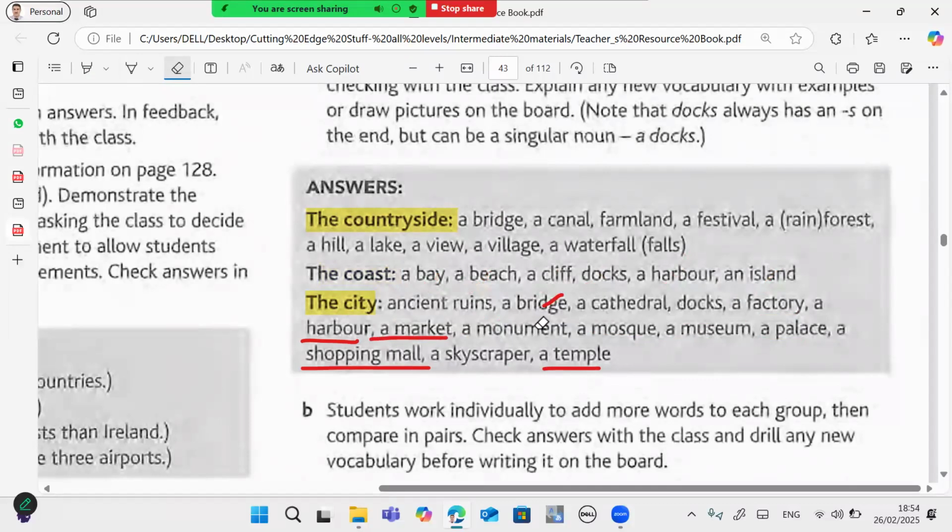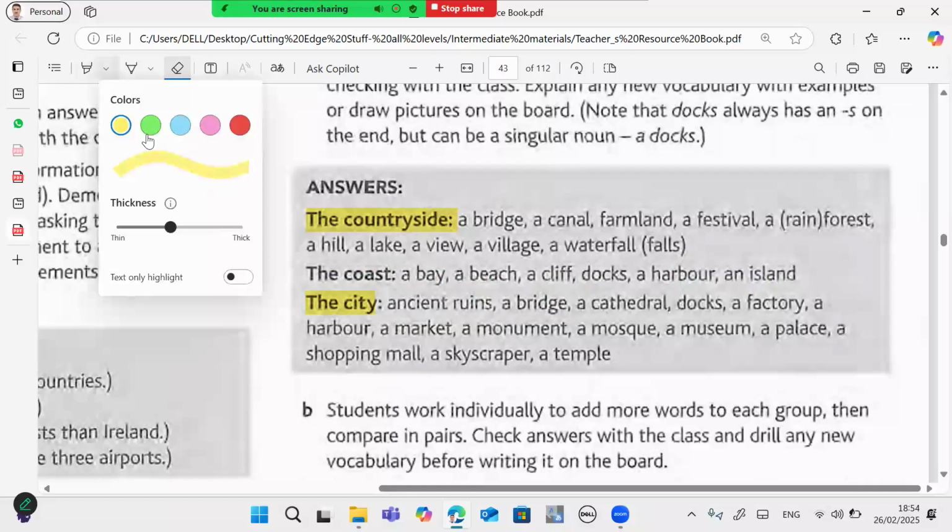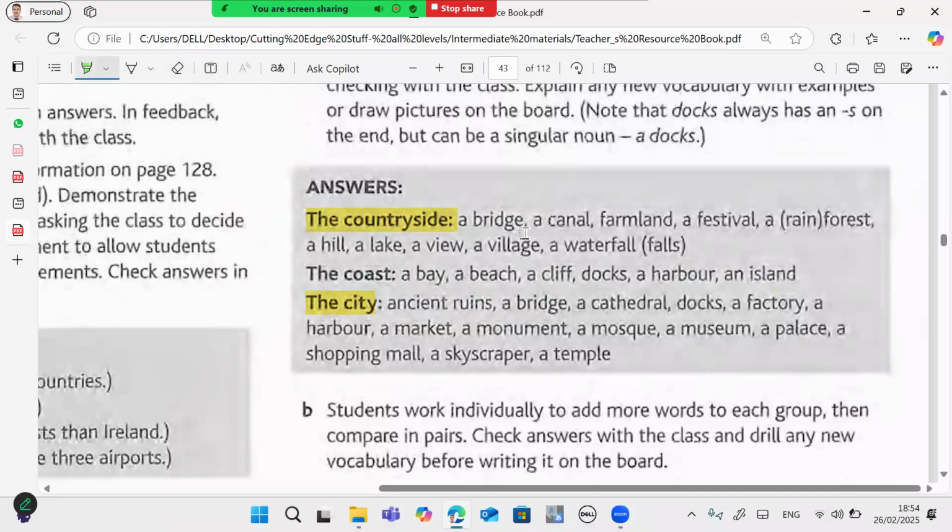Okay, I think now they are clear. So which words did we use two times? Two times, repeated. Here, a bridge in the countryside, a bridge in the city. Docks in the coast, docks again in the city.